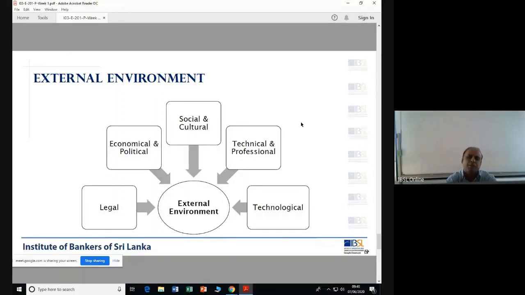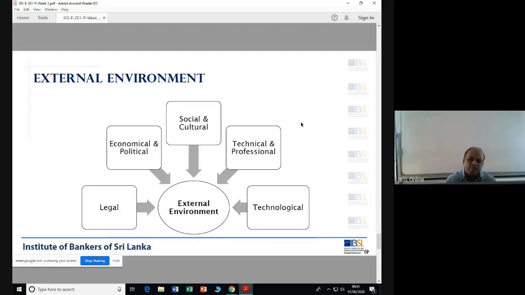Some of the policy decisions made by the government or the central bank will impact the organization itself, because some policy decisions are made based on the strength of the performance of the banks in this country. So the monetary policy is built to ensure that the monetary system of this country is strong enough to take it forward.